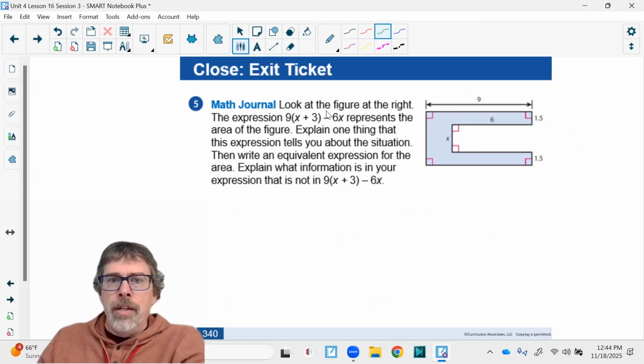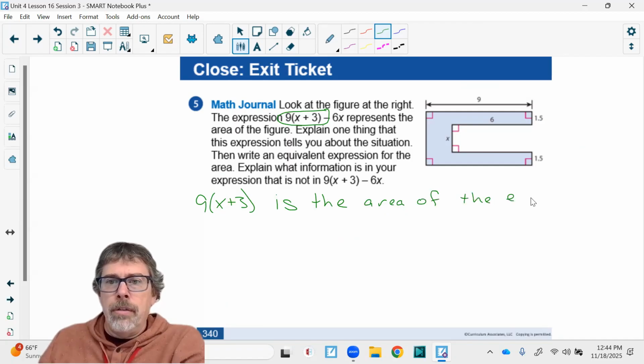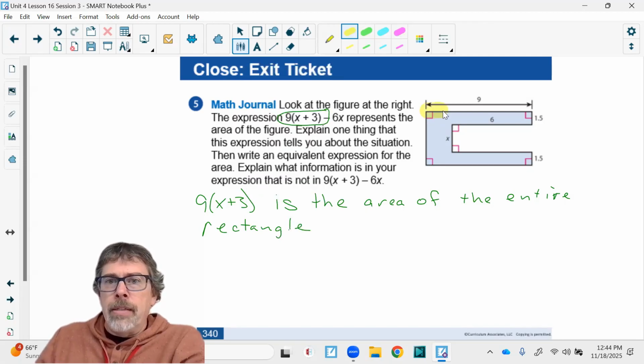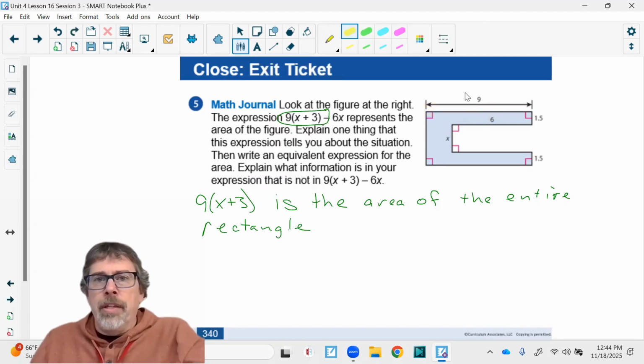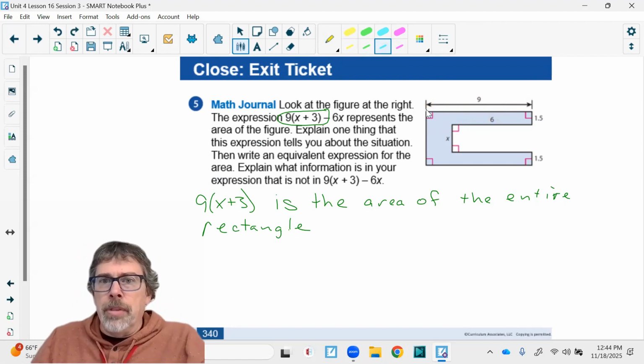Okay, well, 9 times x plus 3 is the area of the entire rectangle. And what do I mean by that? Let me thin that out a little bit and let me use blue instead.